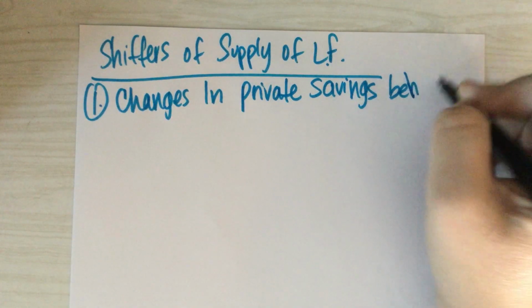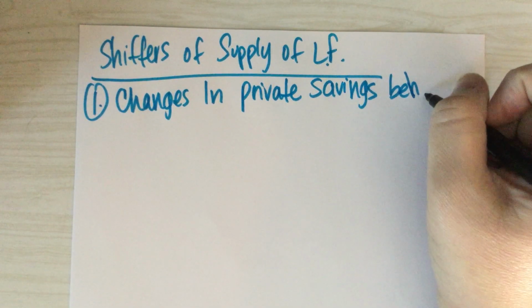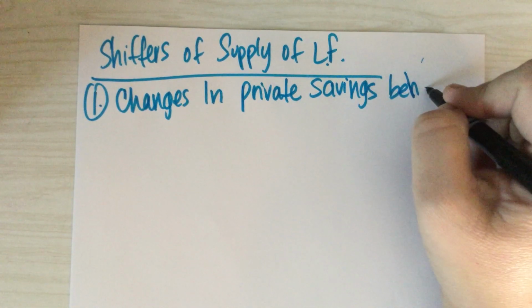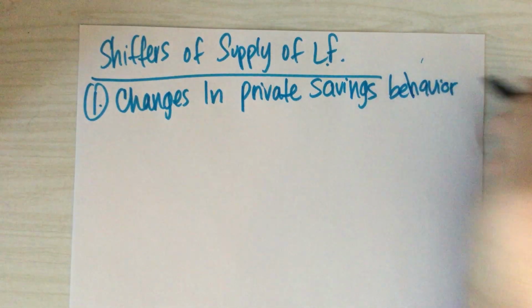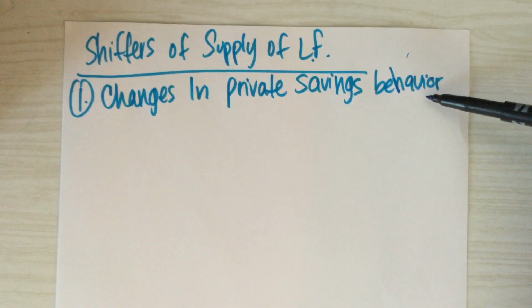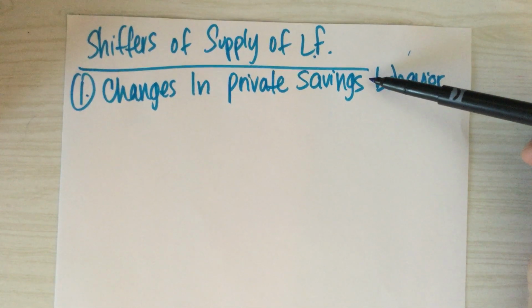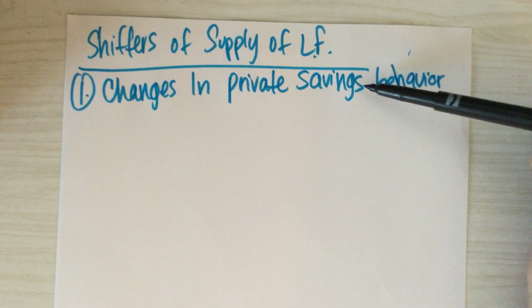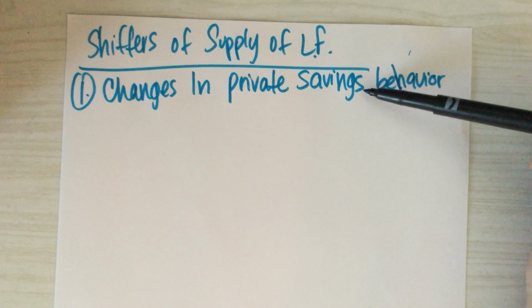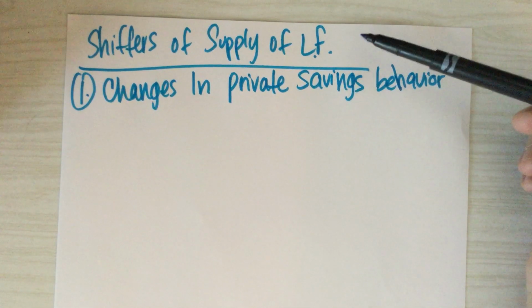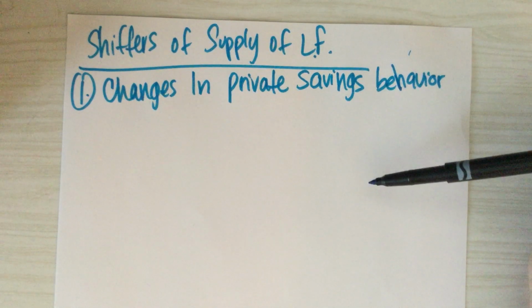Private meaning individual households and what they do with their savings. Okay, so if people are changing their behavior, their spending behavior, savings, or spending, regardless, because remember there's only two things that you can do with your money, save it or spend it, then it's going to cause a shift of the supply curve in the loanable funds market.